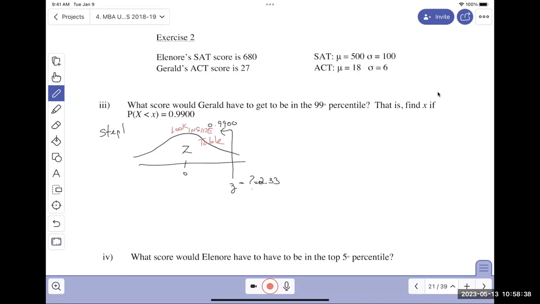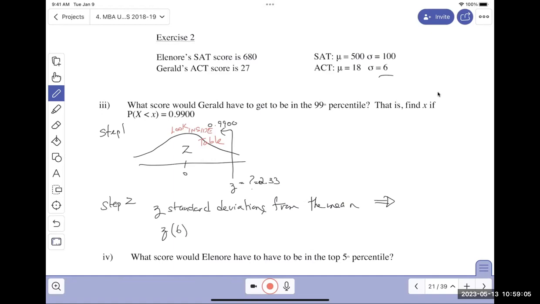First of all, you find the z-score. Secondly, transform: z standard deviations from the mean is the same as z times the standard deviation.